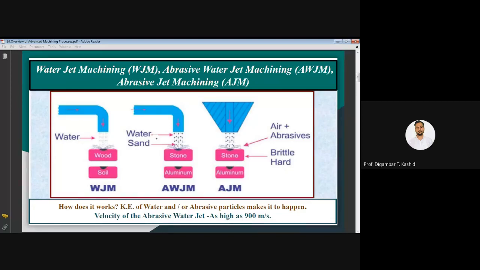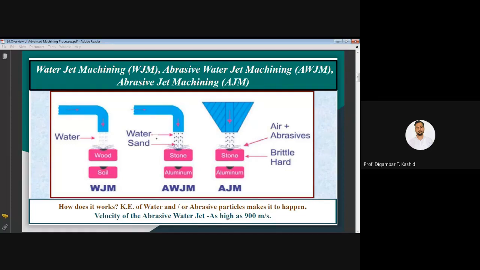Now, the third situation: in place of water, if you take air having high speed and high pressure. Here we take air from one reservoir, then use an intensifier or compressor to compress that air and increase its pressure.